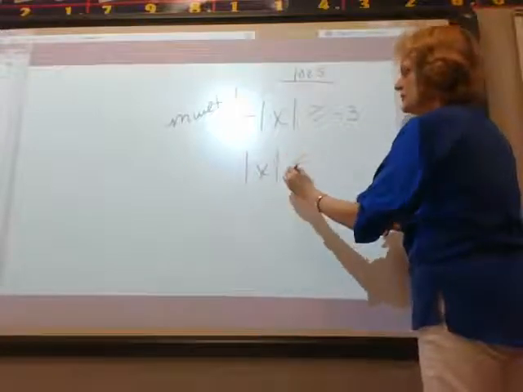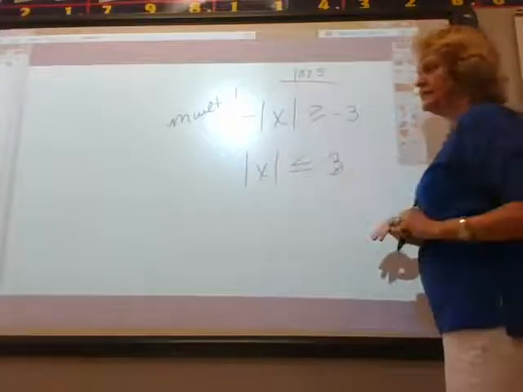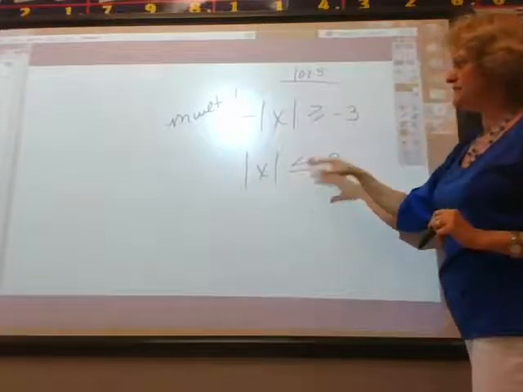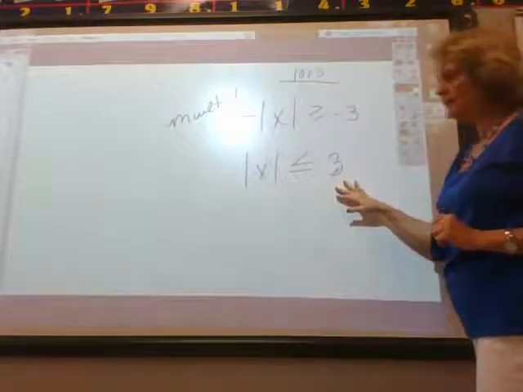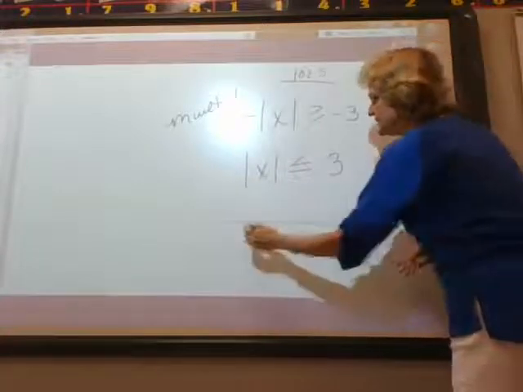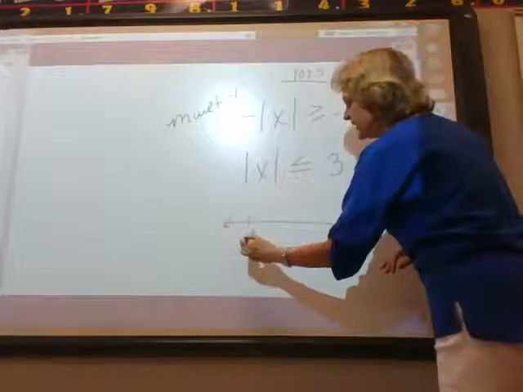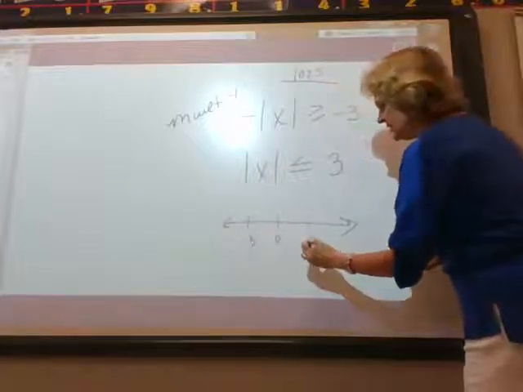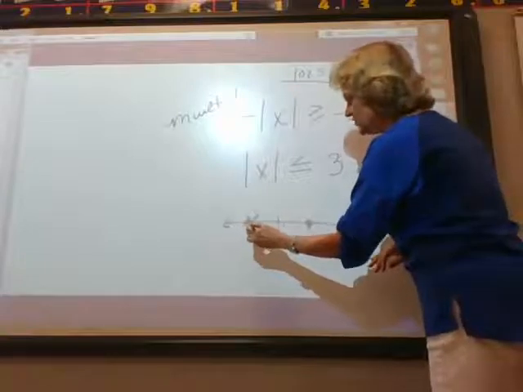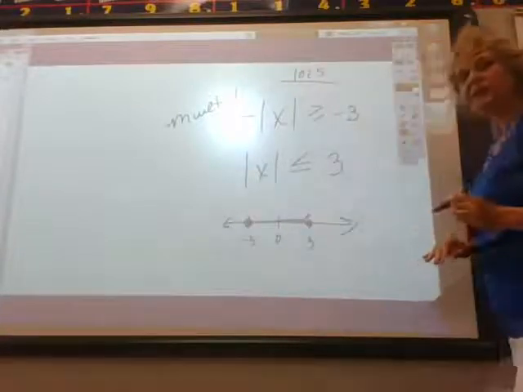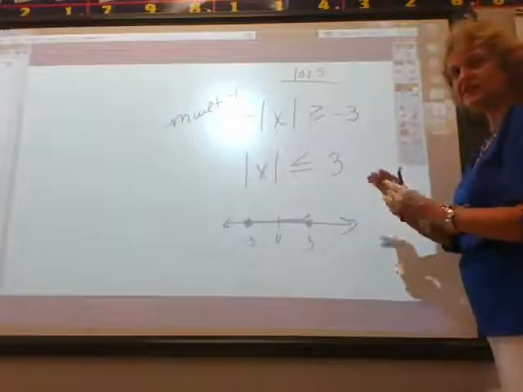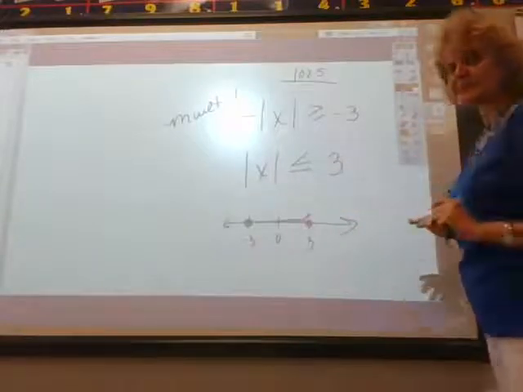It reverses the sign, doesn't it? So this becomes plus, this reverses, and this is plus as well. So now we have the absolute value of x is less than or equal to 3. So in this case, like my first example at the beginning, I'm going to have a conjunction between 3 and negative 3. So the less thans are conjunctions, the greater thans will be disjunctions.